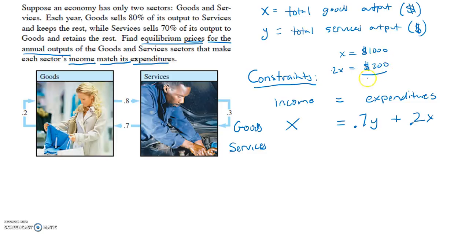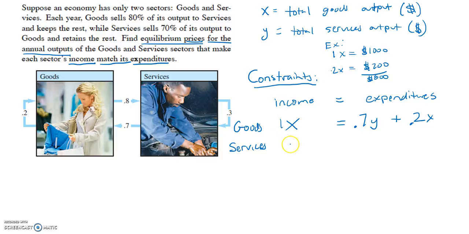I don't get to sell it, so my net gain is only going to be $800 just on those goods. Now, this is just an example to kind of give us thinking a little bit more quantitatively. Now, when we subtract or we move things over, we are going to get this. Realistically, we only make 80%, or we only make an income that's 80% of our total goods output. But you can see that whenever you move this X over here, you'll end up with a 0.8.